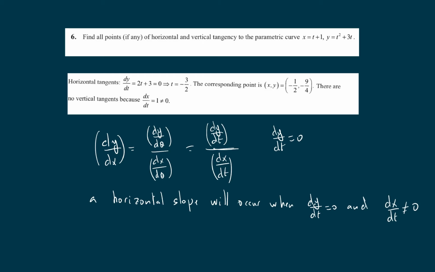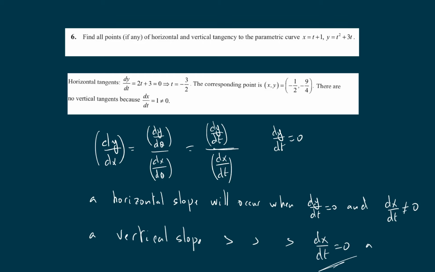Okay. And a vertical slope will occur when the derivative of x with respect to t is 0, and I don't mind about the derivative of y with respect to t. When the derivative of x with respect to t is 0, the denominator will go to 0, and the slope, the derivative of y with respect to x, will go to infinity.